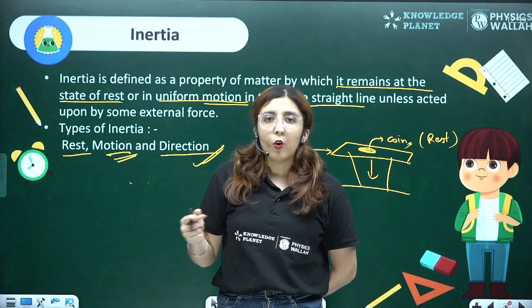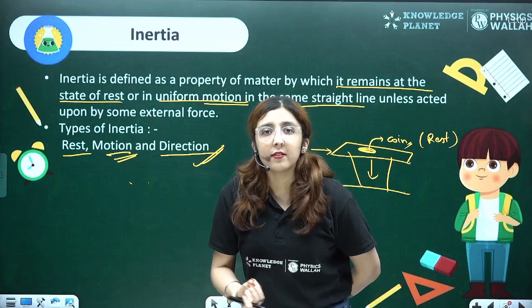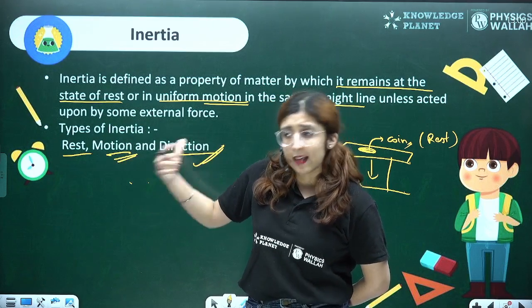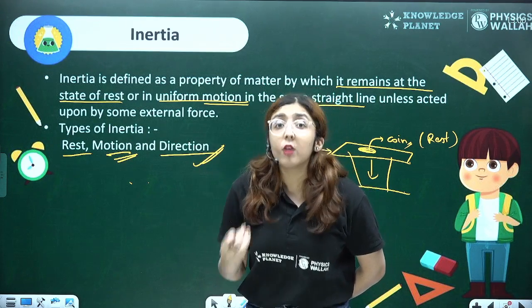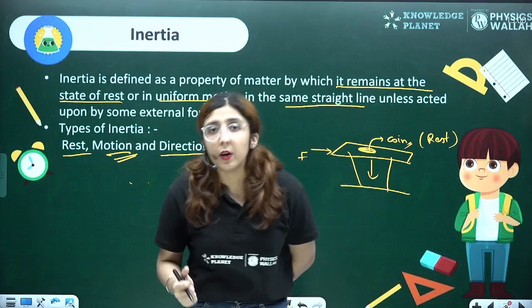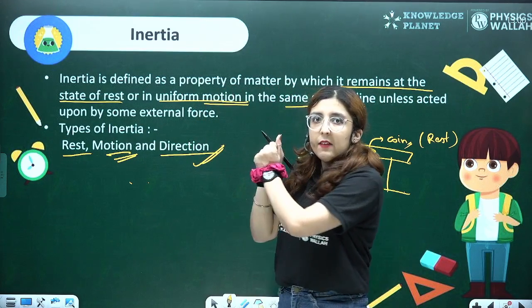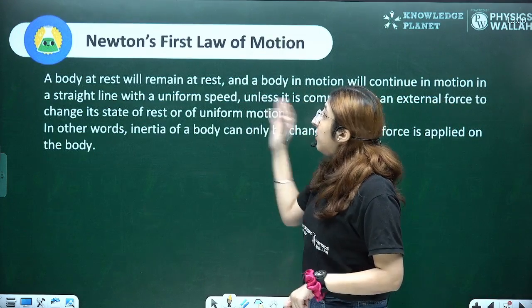Okay, moreover, in all these scenarios, the types of inertia taking place are motion, direction, and rest, and we encounter these scenarios in our day-to-day lives as well. Of course, I want you to go and explore it. This much of the inertia property, we are going to take and put onto Newton's first law of motion.